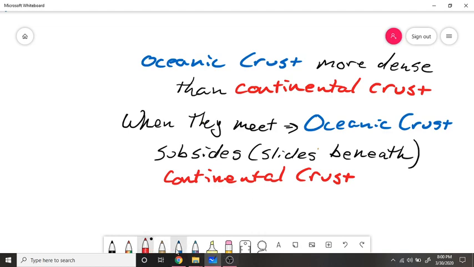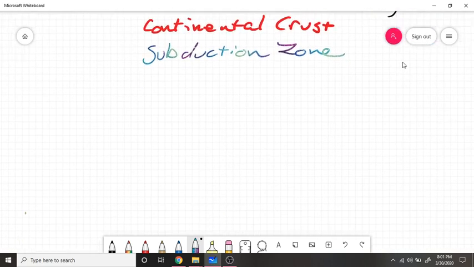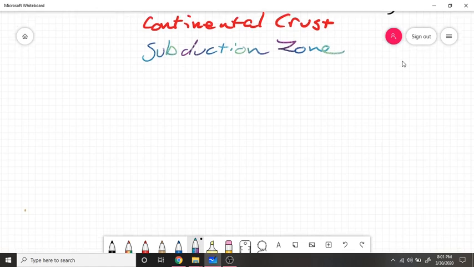This has a special name. It's called a subduction zone. This happens when the ocean crust meets the continental crust. This is what it's going to look like.